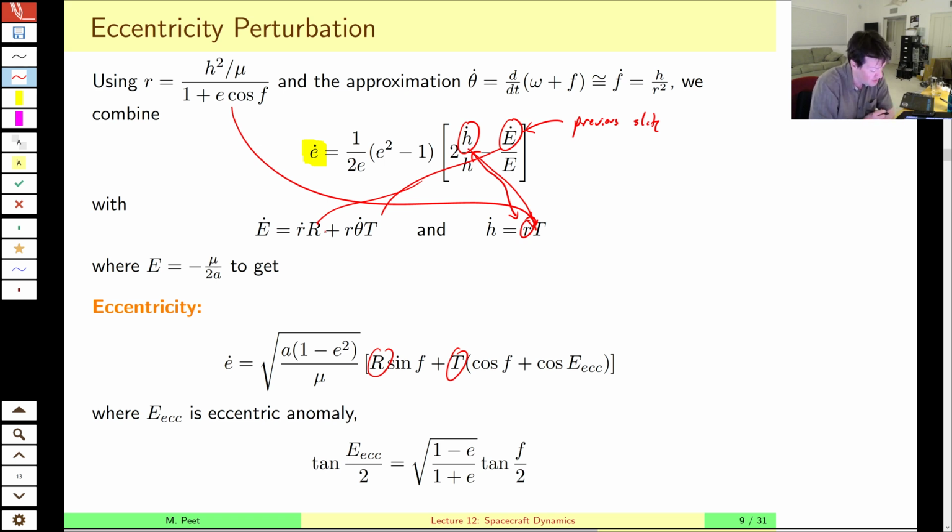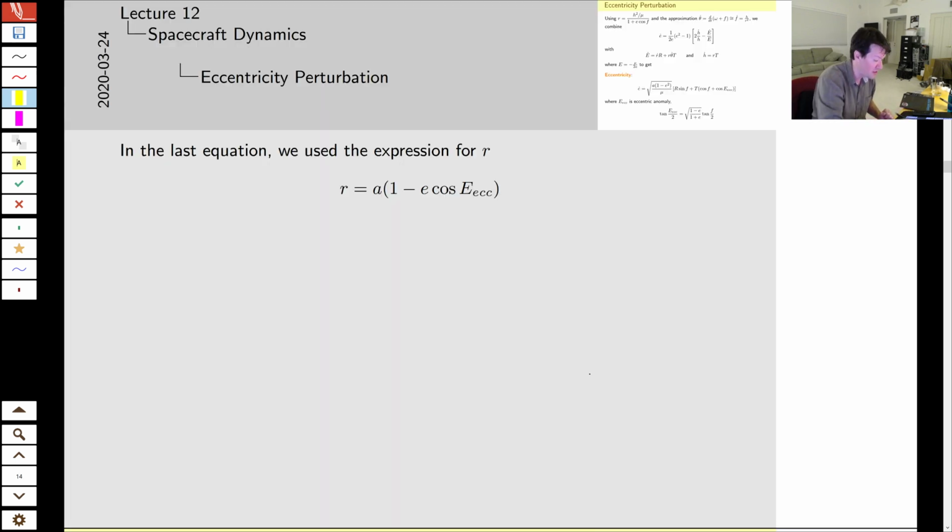So there's obviously some manipulations going on here. We have something new popping up here. That's where we use the other version of the polar equation, the alternative polar equation.